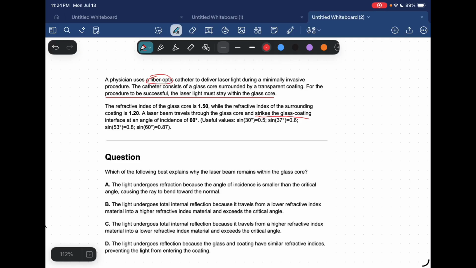So again, you essentially have two criteria to achieve total internal reflection. One, that the index of refraction N1 must be greater than the index of refraction for the second material, N2. So N1 greater than N2.